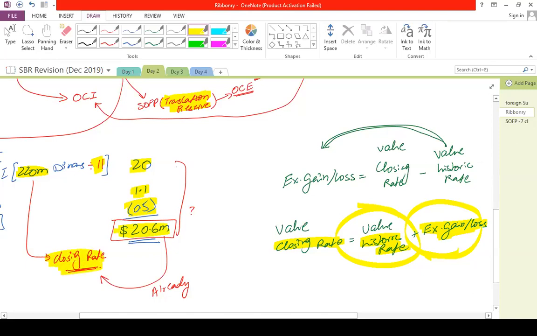So we don't need to do anything. Getting this, everyone? So 20.6 is a value which is already at the closing rate. That is why we do not need to do anything onto it. Getting this, everyone?